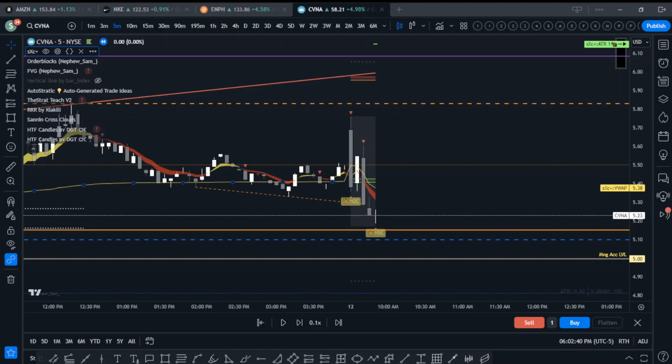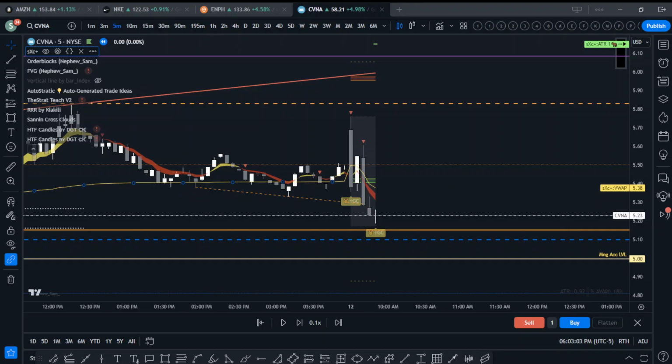Triggering the daily most likely will be breaking the high of the previous day, if it's a strat. But you always want to compare it to your swing highs and your highs and your lows, because those can act as resistance and support.